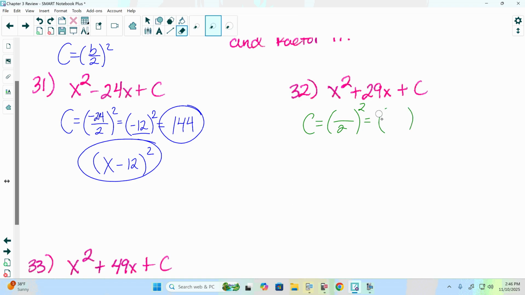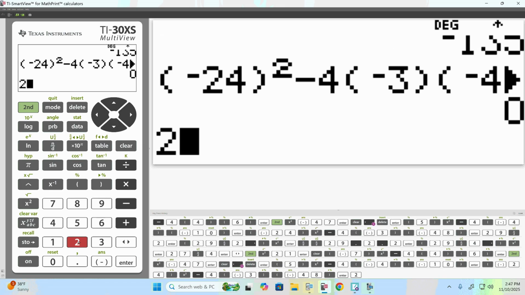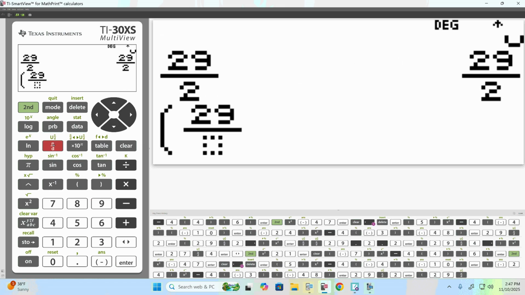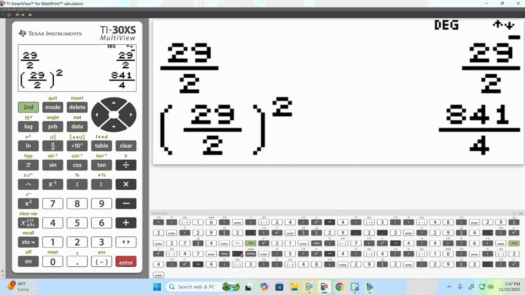Because for 32, x squared plus 29x plus c, what's the value of b? 29. Does 29 divide by 2 nicely? Nope. And we can double check and make sure, because we can grab the calculator, say 29 over 2. Which means we're just going to go on and square the whole thing, telling us it's 841 over.